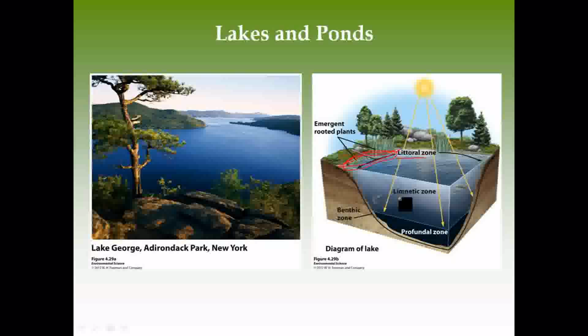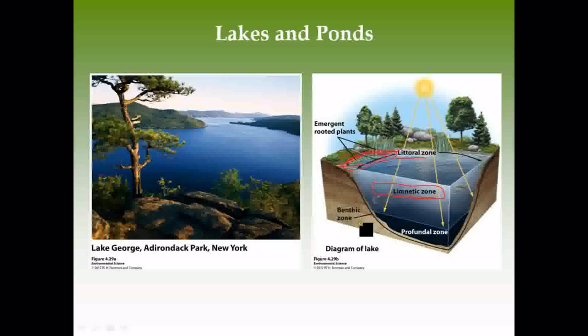The limnetic zone is the area that's a little bit deeper. It's not on the surface, but goes down, and it's kind of the mid-level. The mid-level area is the limnetic zone, and this is where you're going to find most of the fish that swim around and stuff like that.